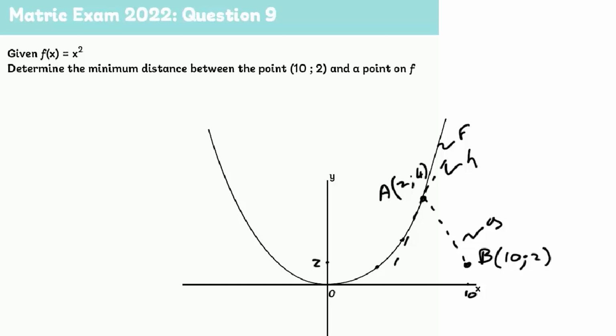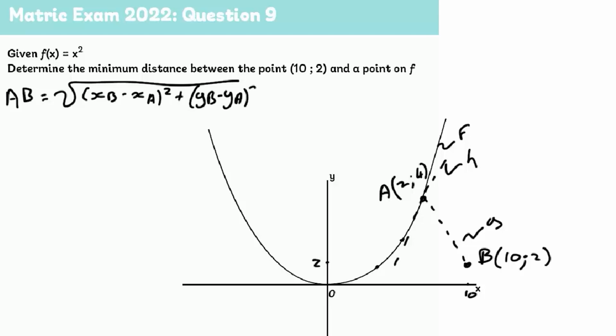Now that we've got point A and point B, we can use the distance formula. The distance AB is equal to the square root of (x of B minus x of A) squared plus (y of B minus y of A) squared.